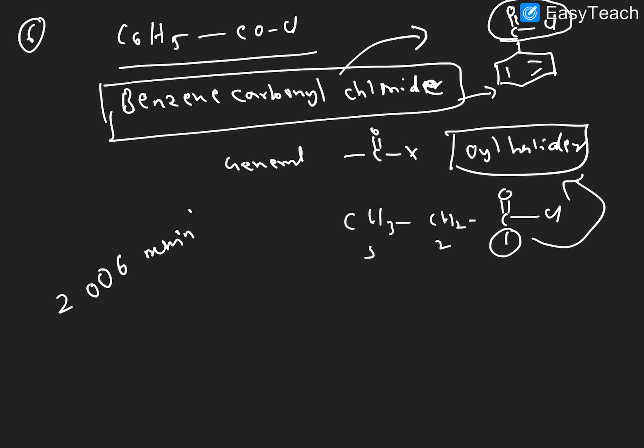Next one, this is a 2006 Mains question. Next, the seventh example here: chloro and CH3, both are substituents.